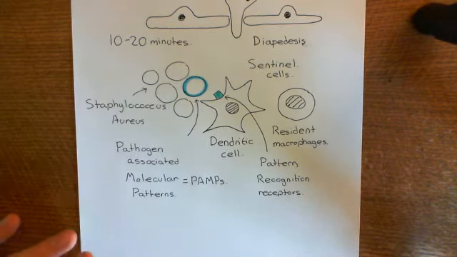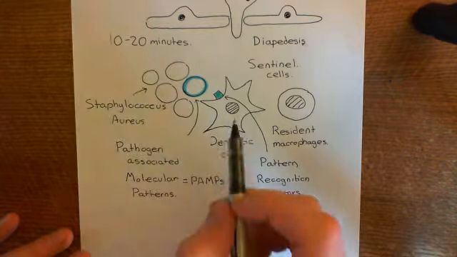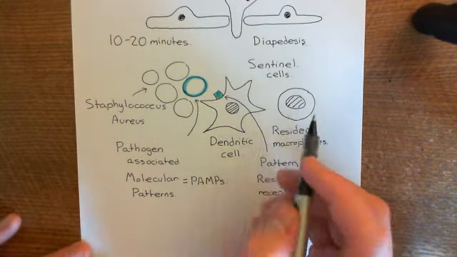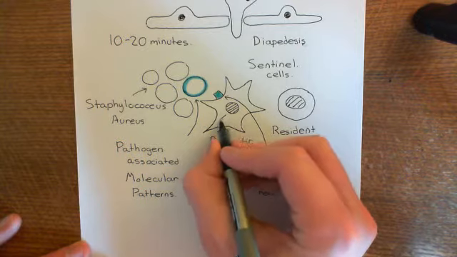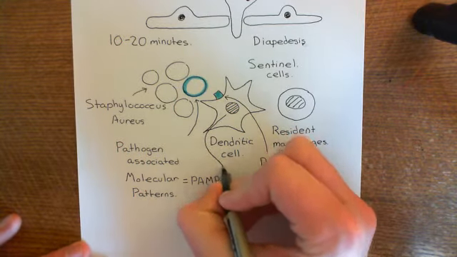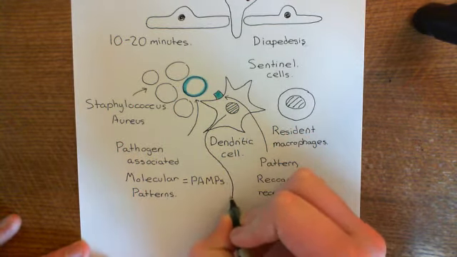Okay, now when these pattern recognition receptors become activated on the sentinel cells, then they will lead to the activation of these sentinel cells, and the sentinel cells will start releasing what are known as pro-inflammatory cytokines.